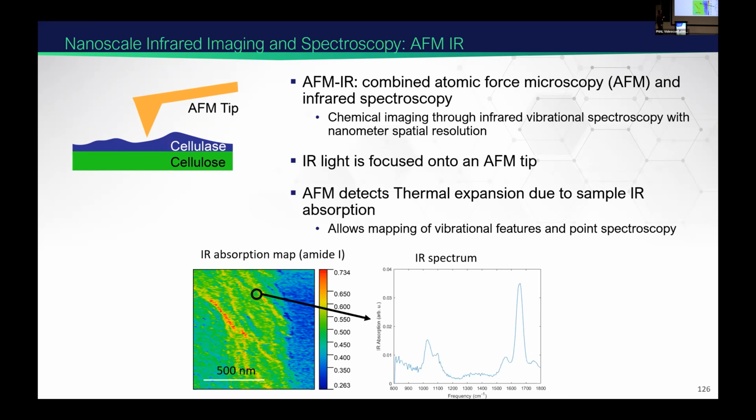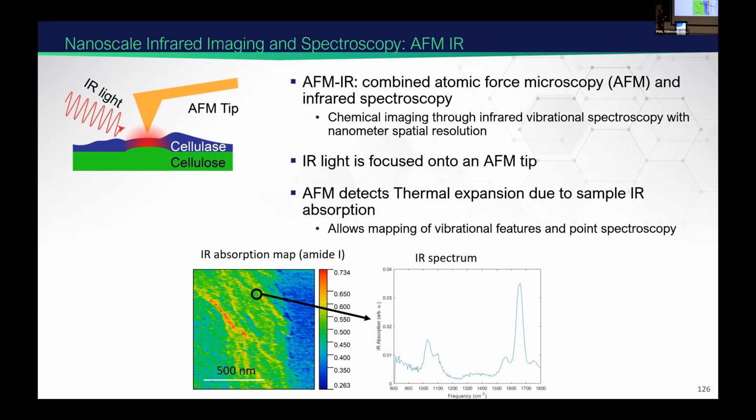The schematic shows the technique we're using. The AFM tip scans across the surface and gives a height profile of the sample morphology. We then focus infrared light onto the sample underneath the AFM tip. The sample absorbs infrared light when matched with its vibrational frequency.